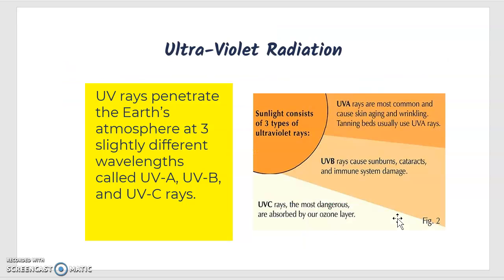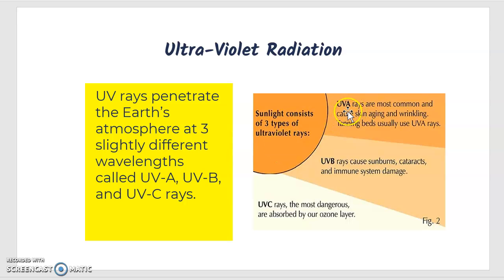And what is ultraviolet radiation? These ultraviolet rays penetrate the Earth's atmosphere at 3 slightly different wavelengths called UVA, B, and C rays. These UV rays consist of 3 types.